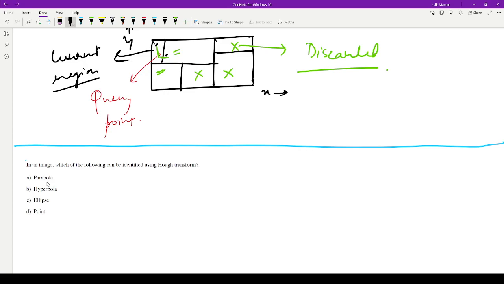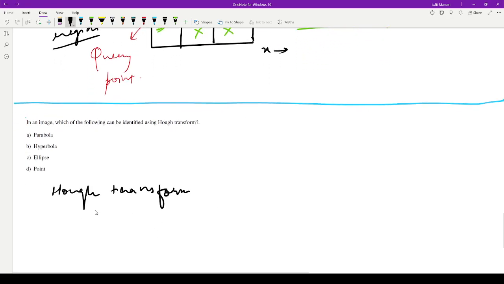When is it desired that you want to use Hough transform? When we want to identify any shapes. Yes, shapes which can be parameterized. So for Hough transform, the requirement is that you need to have a parametric curve.